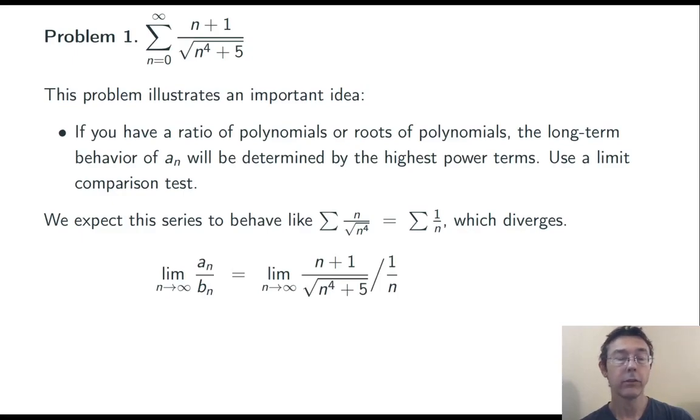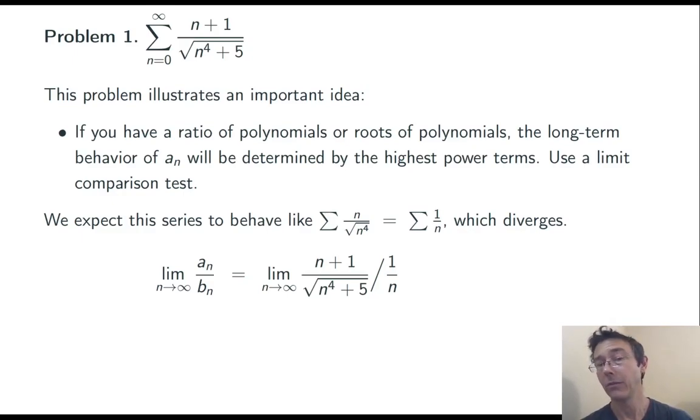Using this series, the sum of 1 over n, as our comparison, we're going to do a limit comparison test. This is a good general technique. I look at the limit as n goes to infinity of the ratio of the terms. I know if this is a positive number, greater than 0, less than infinity, then the two series are going to have the same convergence behavior. In this case, they'll both diverge.